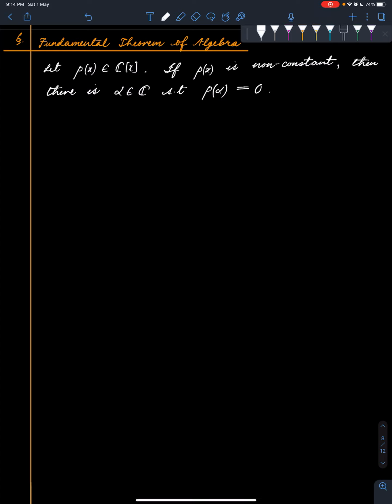So let's say what we mean by non-constant. For instance, if you take this polynomial, let's say 2, this is a legitimate polynomial over complex numbers.